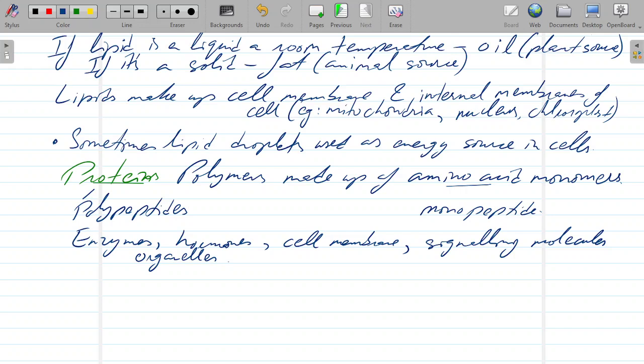Now, the structure of amino acids isn't relevant. They are made up of 4 to 5 elements. It's again primarily carbon and hydrogen, but there's also oxygen, nitrogen, and sometimes sulfur.